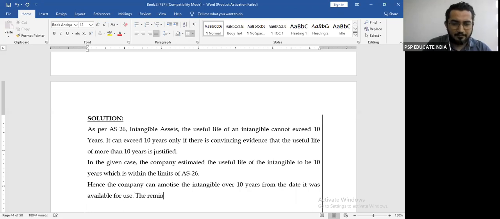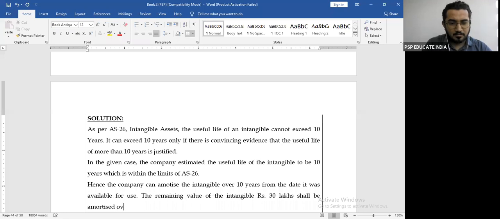The remaining value of the intangible, rupees 30 lakhs, shall be amortized over the remaining useful life of 5 years. How do you get 5 years?